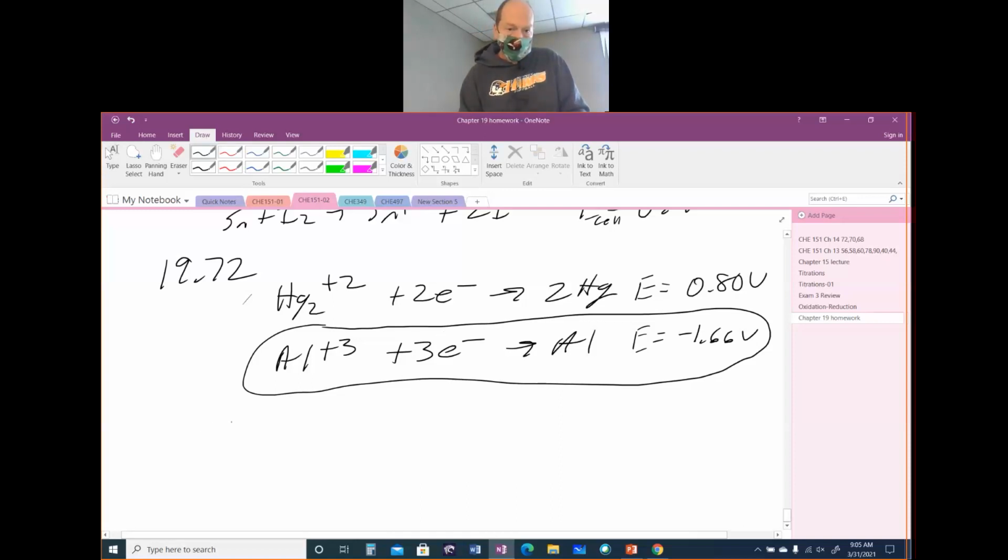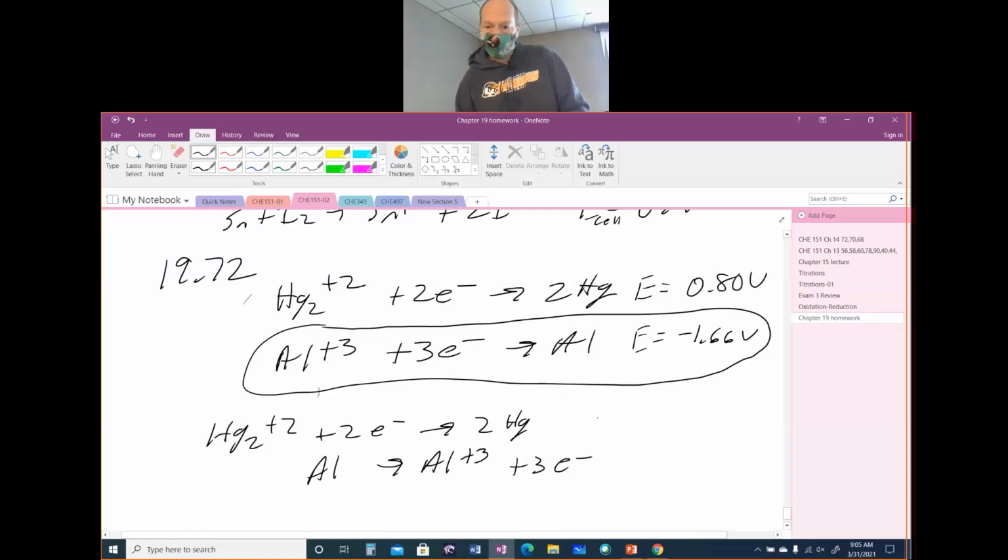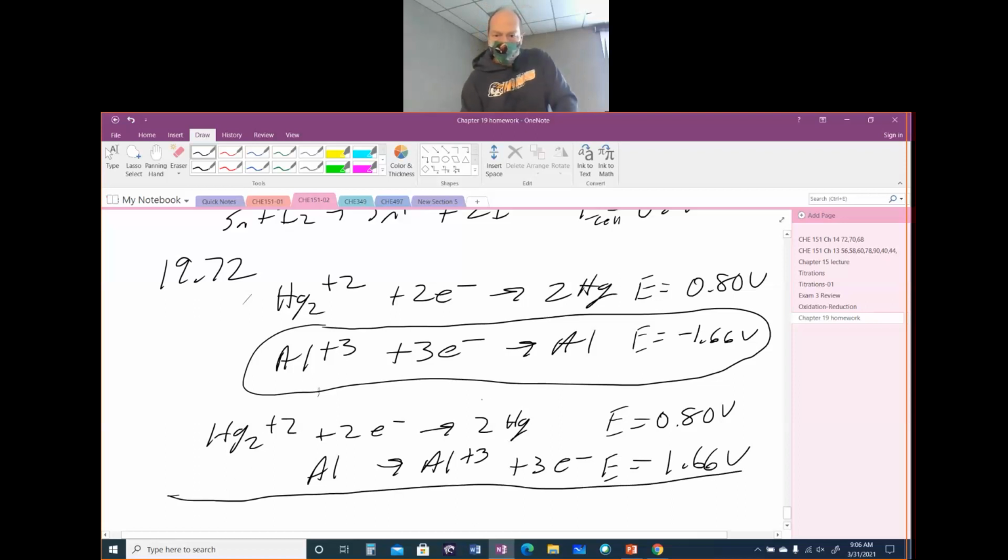So you have your Hg2 plus 2 electrons goes to 2Hg. And then you have now reversed, you have your Al going to Al plus 3 plus 3 electrons. Off the chart, 0.80 volts. We reversed our aluminum, so now that is the opposite sign. That is a positive 1.66 volts. We want the cell reaction, so we have to multiply the Hg by 3 to get 6 electrons gained.